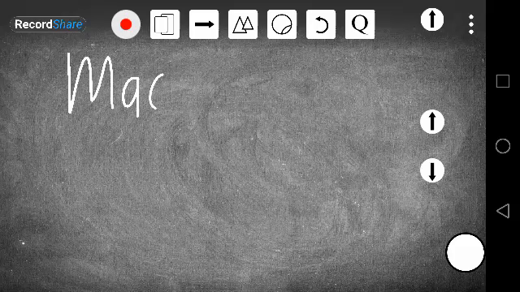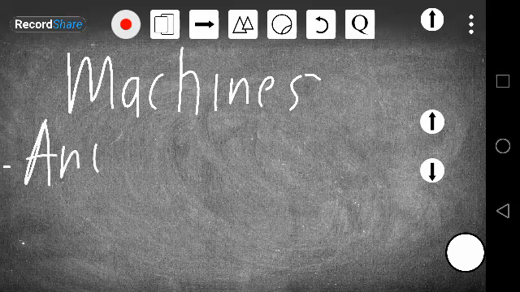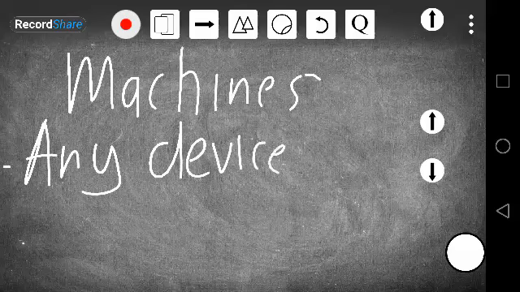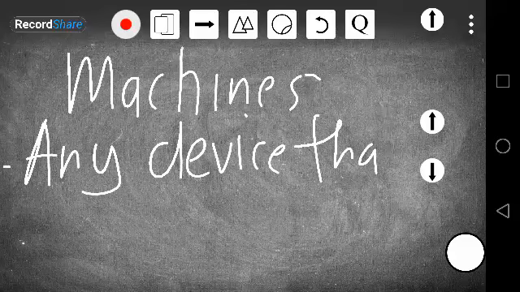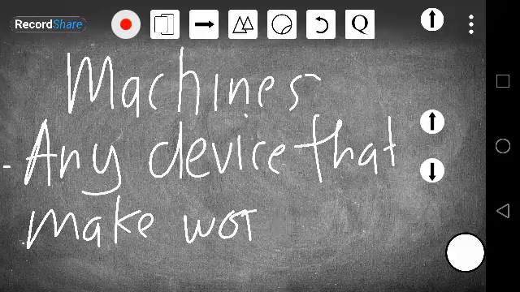Today we are going to look at machines. Now, what is a machine? A machine is any device that makes work easier.